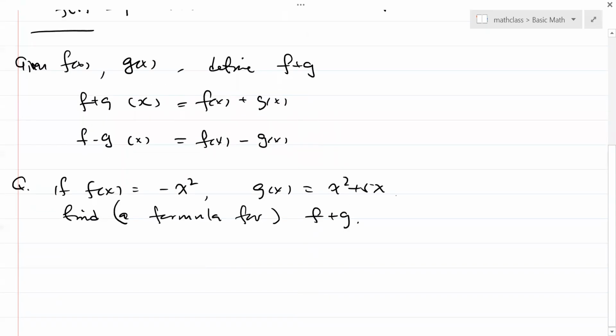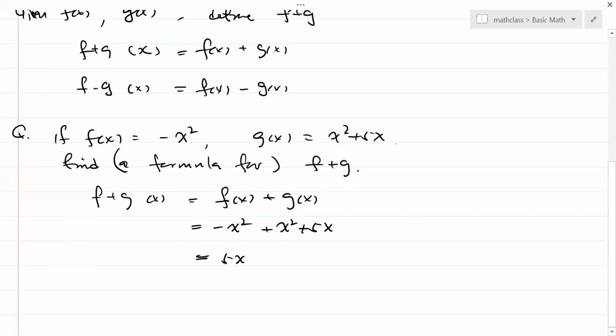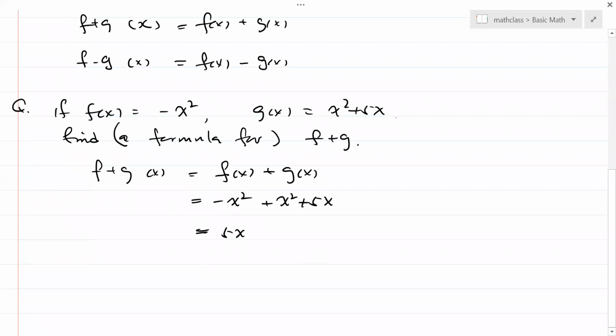The name of the new function is f plus g, and what is the formula? Finding f plus g means we're going to find the formula. So f plus g is going to be f of x plus g of x. What is f of x? Negative x squared. What is g of x? x squared plus 5x. After you simplify, you will get 5x. So the brand new function is given by this formula, just 5x.